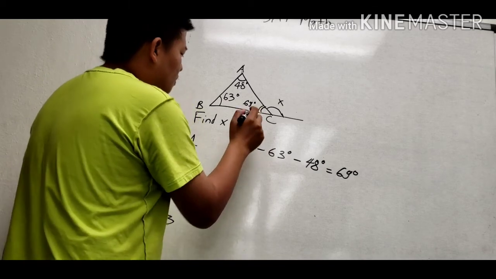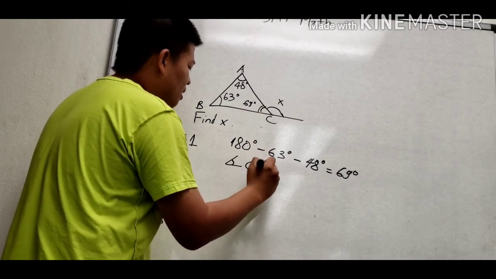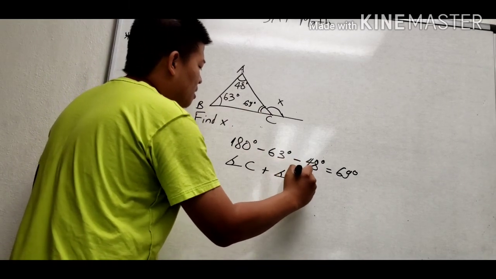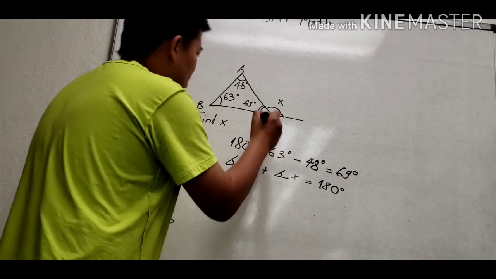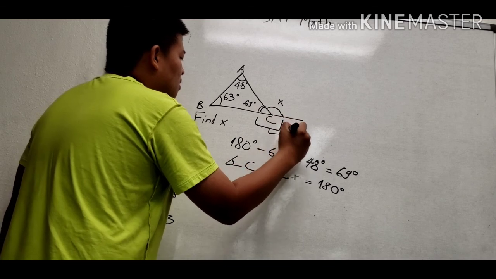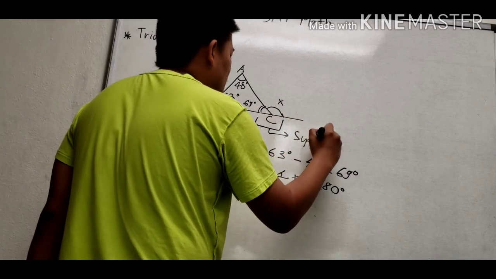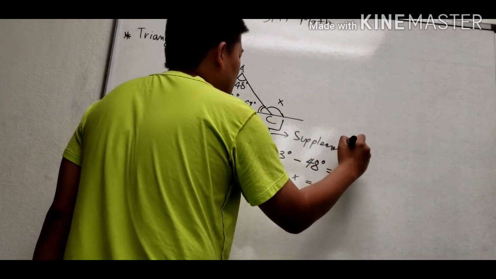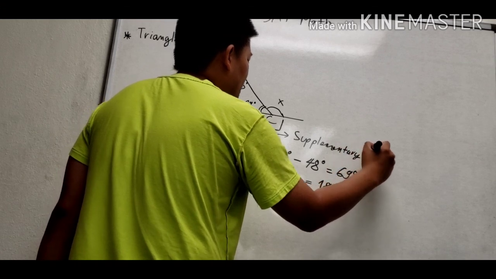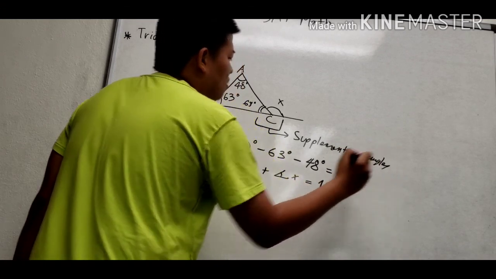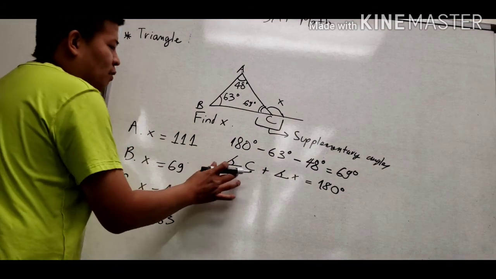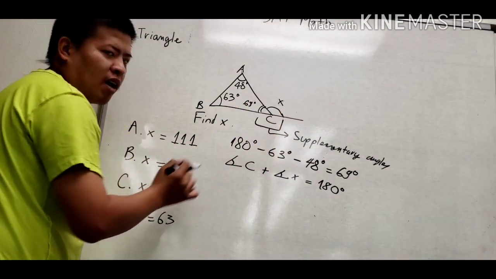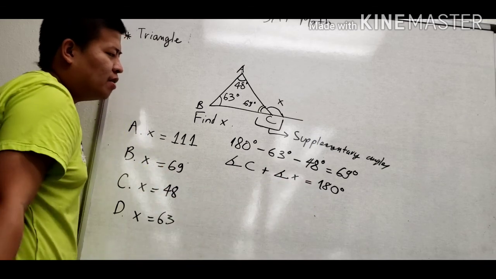The next one: angle C plus angle S will become 180 degrees because they are supplementary angles. Because they are supplementary angles, angle C plus angle S becomes 180 degrees.